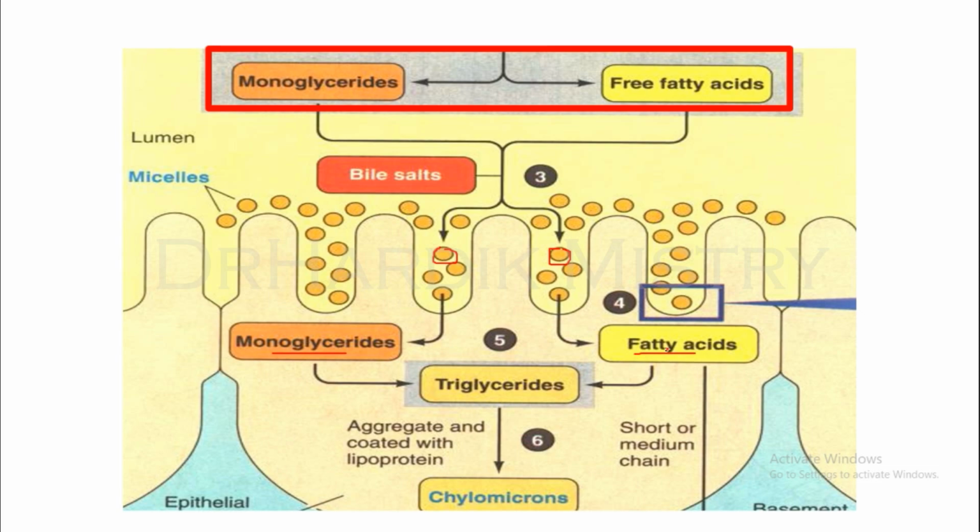And inside the luminal cell, these monoglycerides and free fatty acids join to form triglycerides. Triglycerides aggregate inside the luminal cell and are coated with lipoprotein. Once the triglyceride molecules are coated with lipoprotein, this is known as chylomicrons.